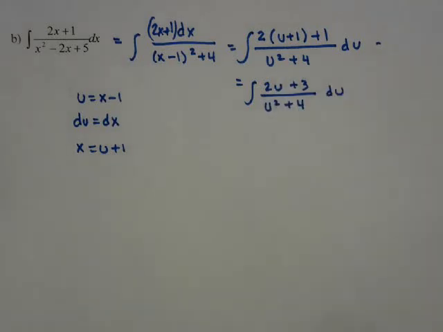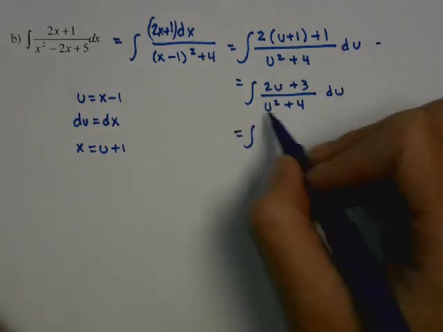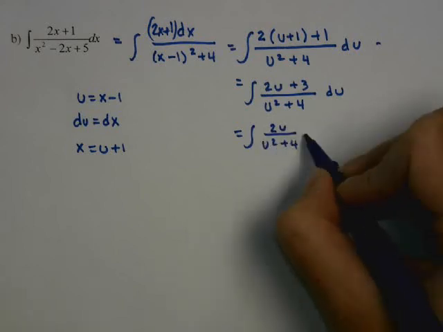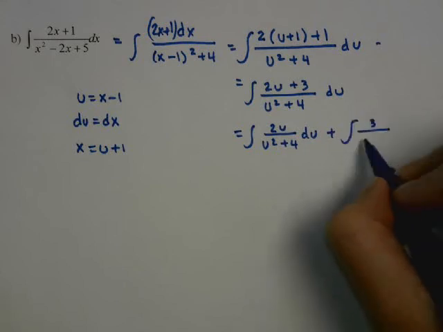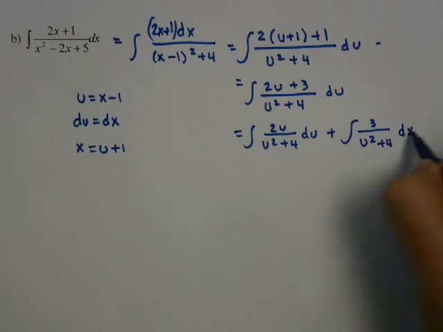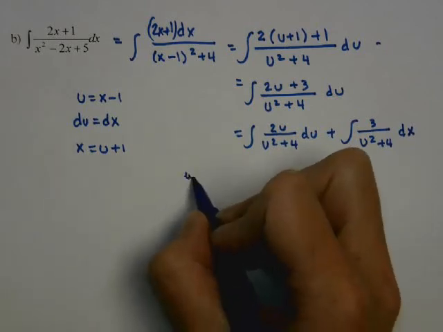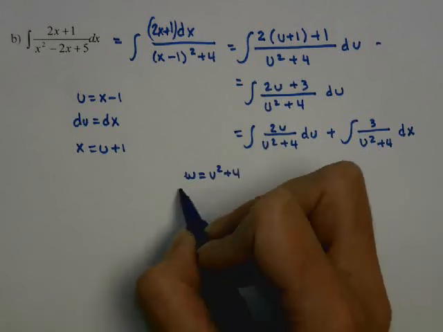Okay, so this one I'm now going to split up into two different integrals. I'm going to put the 2u with u squared plus 4, and I'm going to put the 3 with u squared plus 4. Okay, because I can split up that numerator. This one, I'm going to do a u substitution, but since I've already used u, I'm going to make w equal u squared plus 4.